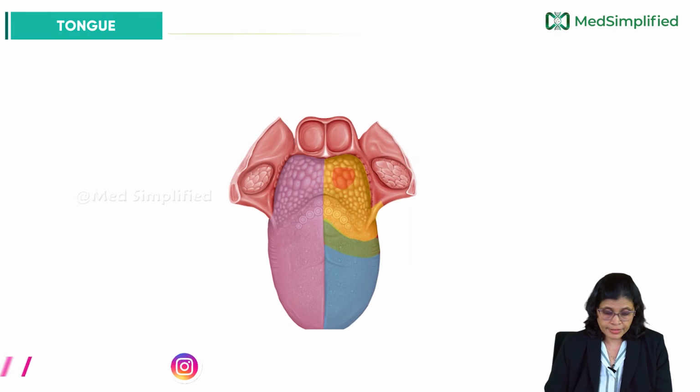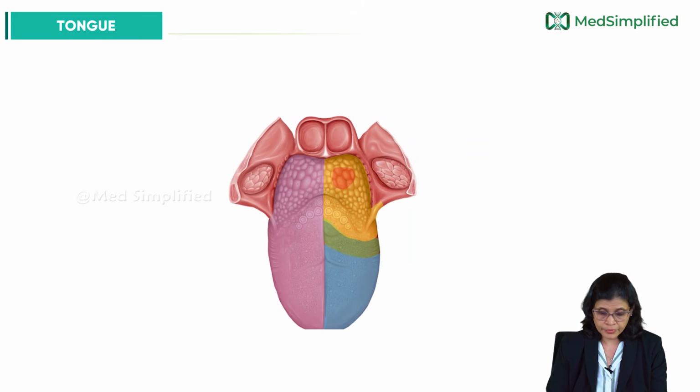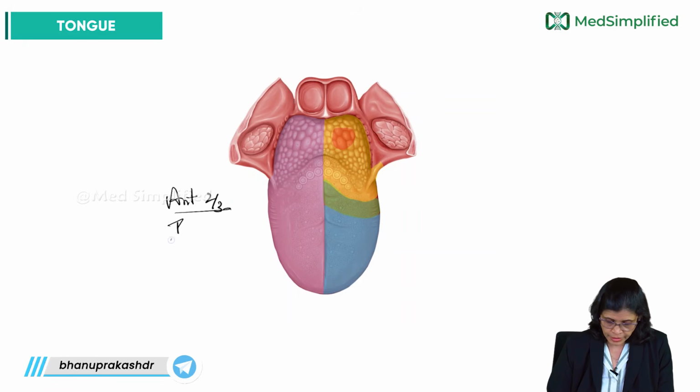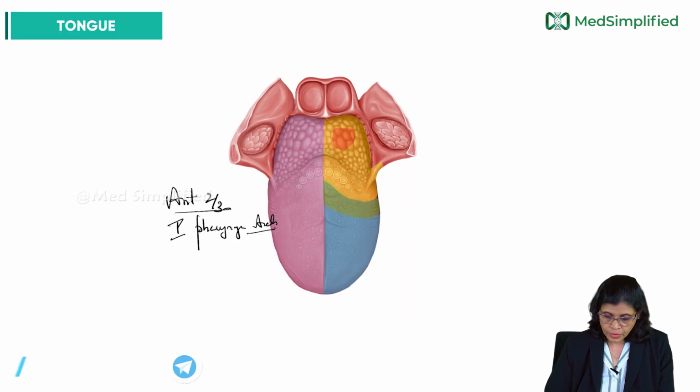So when we see the sensory supply of the tongue, the anterior 2/3 develops from the first pharyngeal arch, because of which it is supplied by the lingual nerve.